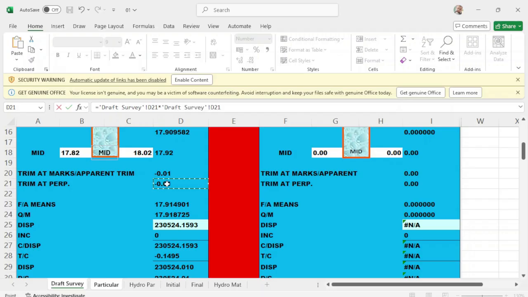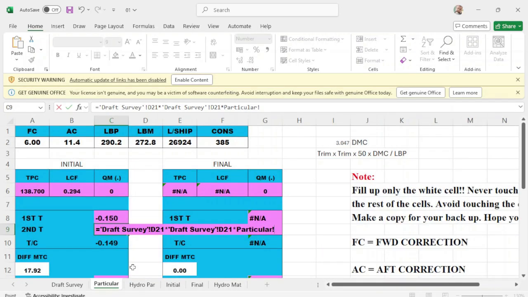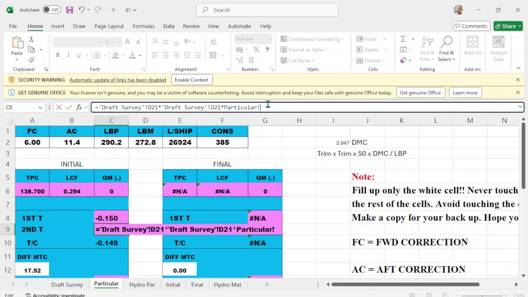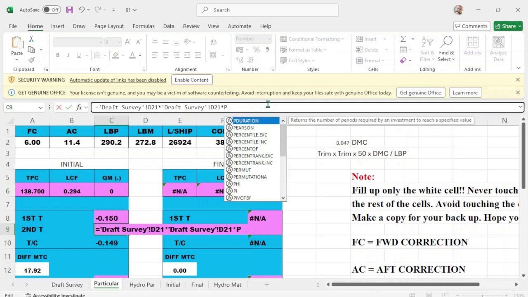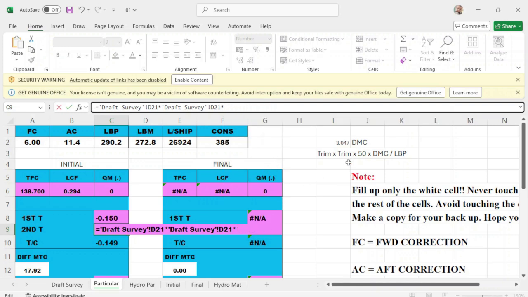Okay, multiply 50, trim times trim times 50 times your DMC, which is this one.